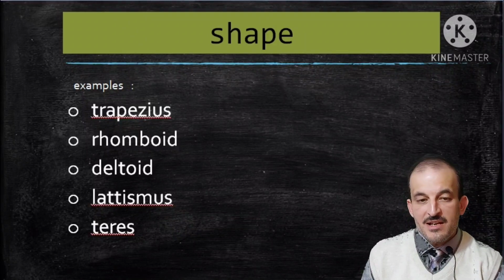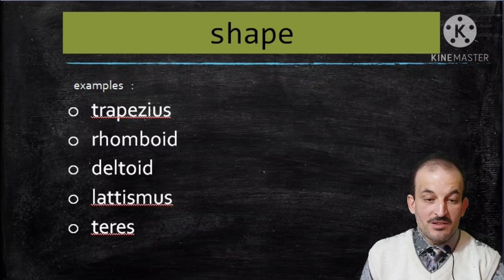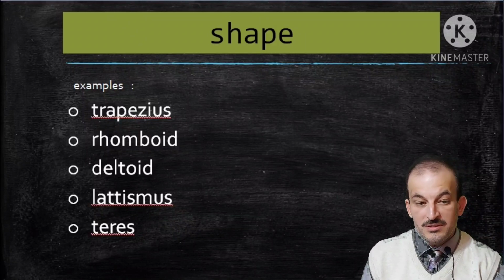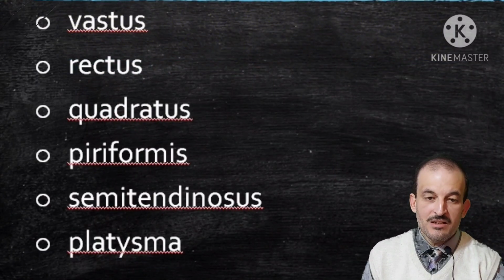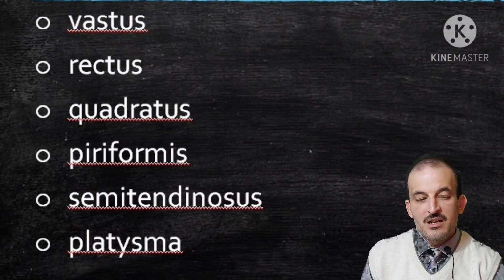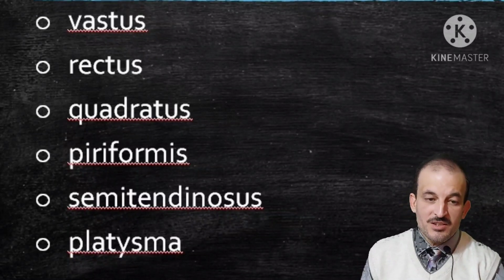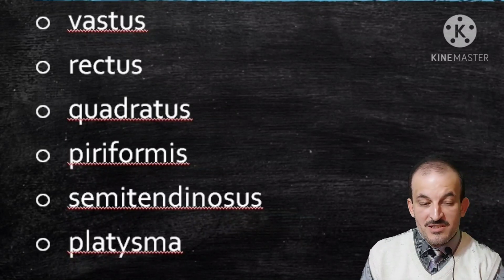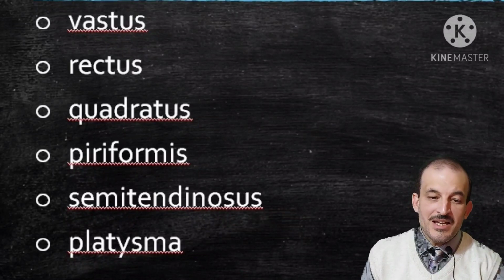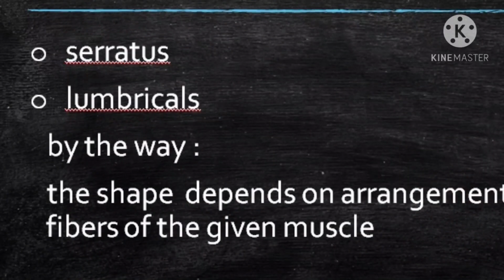Now I will give you some examples of muscles which are named according to their shapes, such as trapezius, which is like a trapezium, rhomboid, which is like a rhombus, deltoid, which is similar to delta, latissimus, which is broad, teres, which is cylindrical, vastus, which is also broad, rectus, which is straight, quadratus, which is triangular or quadrangular in shape, piriformis, which is pear-shaped, semitendinosus, which is like a tendon, platysma, which is also broad, serratus, which is serrated, lumbricals, which are worm-like muscles.